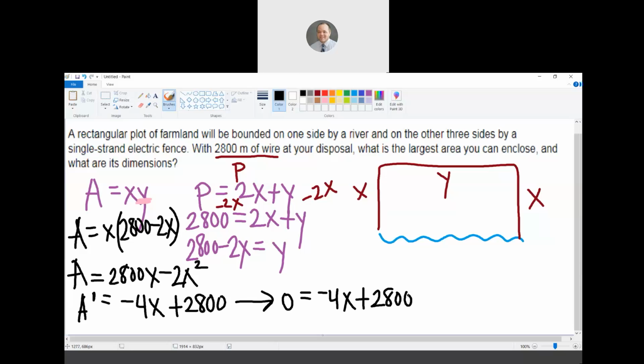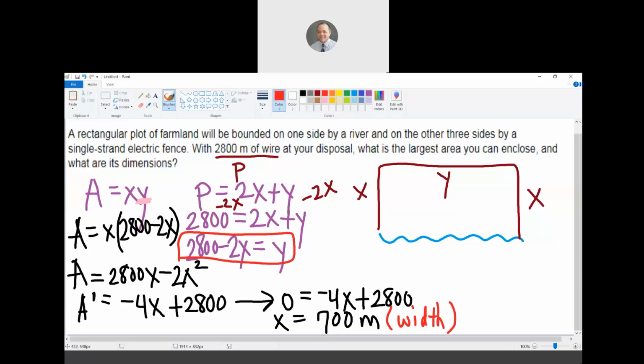Now, I'll go ahead and tell you when you solve for x, you'll get 700 meters. So 700 meters represents the width. Now we need to go back and find the length.